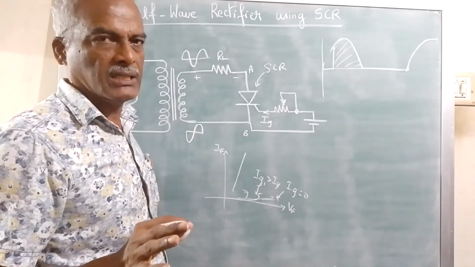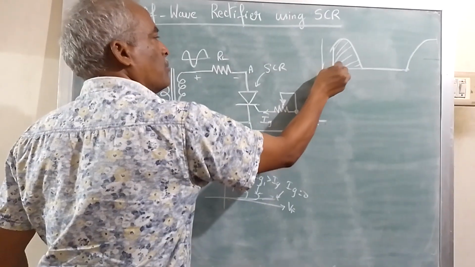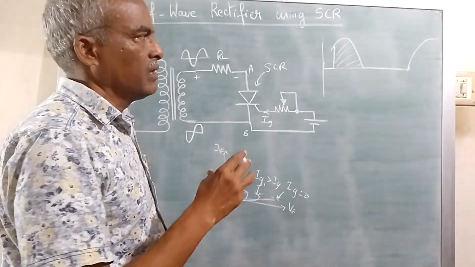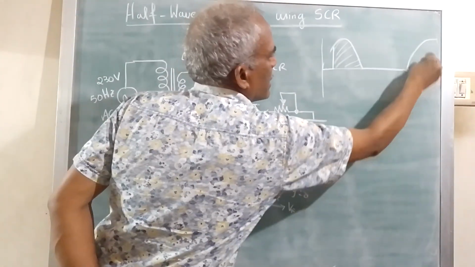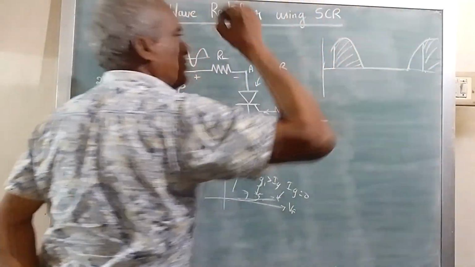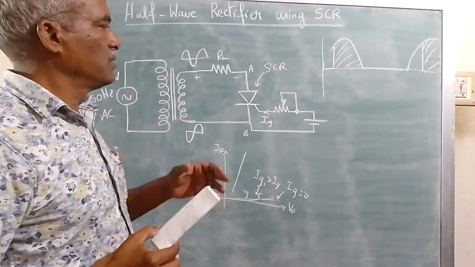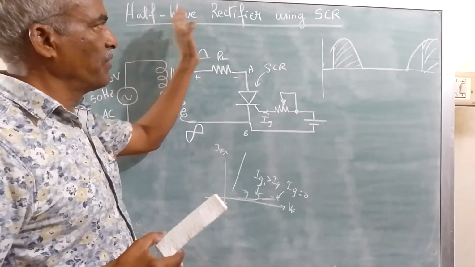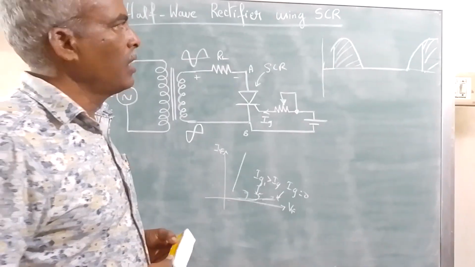Of course, it's a pulsating DC, but in that also we are able to control the angle of conduction of the device. The next half cycle will not conduct, and once again it will start conducting after a certain angle, say 45 degrees. This is the way the circuit works as a half-wave rectifier using SCR, silicon controlled rectifier.